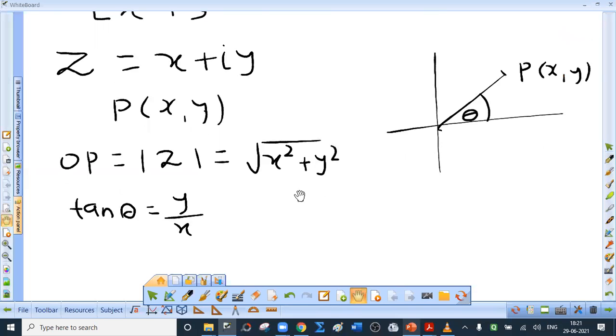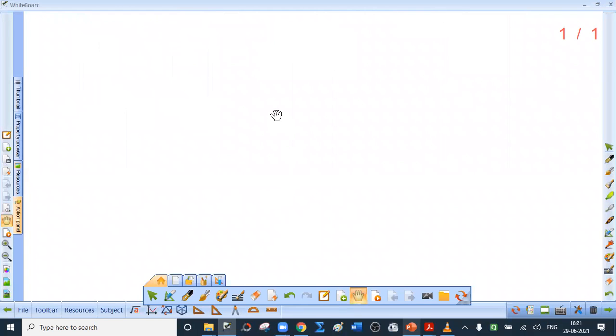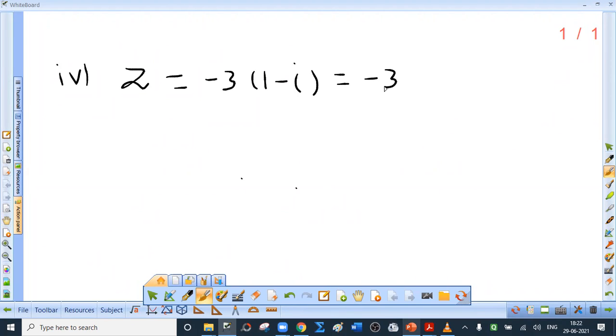Now, exercise 1.3, I think we have covered the first three. Now we will discuss sum number 4. So, what is z? z equals minus 3 times bracket 1 minus i. Now it is to be written as minus 3 plus 3i.